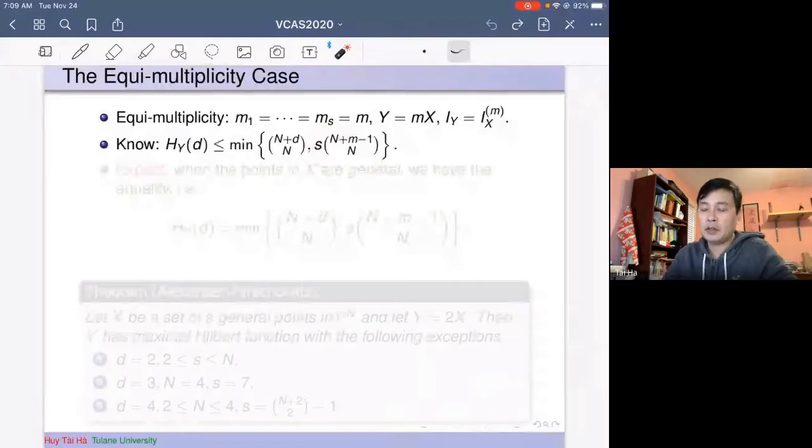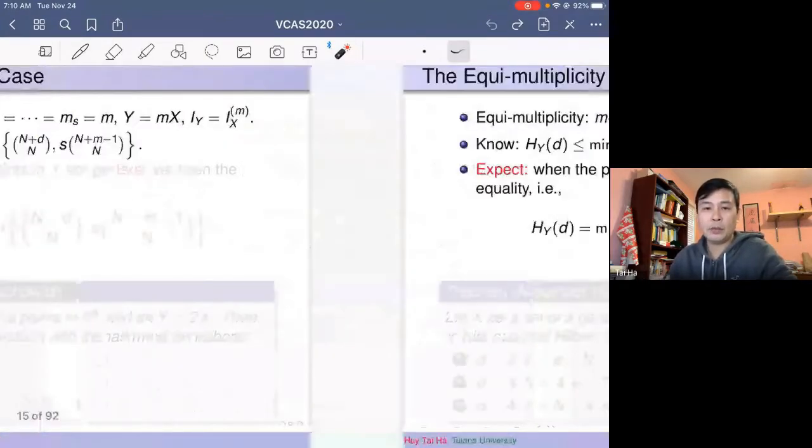And so the Hilbert function is at most the minimum of the dimension of the ring in degree d and its multiplicity.